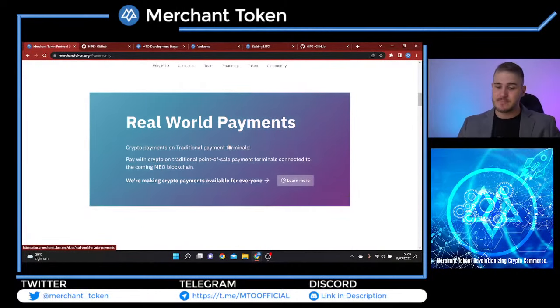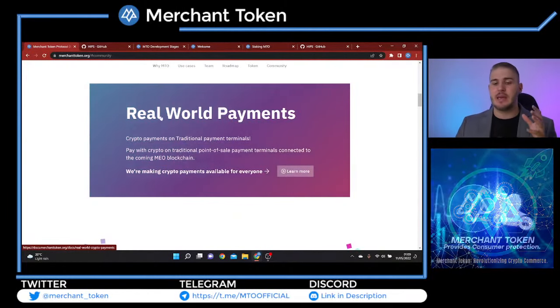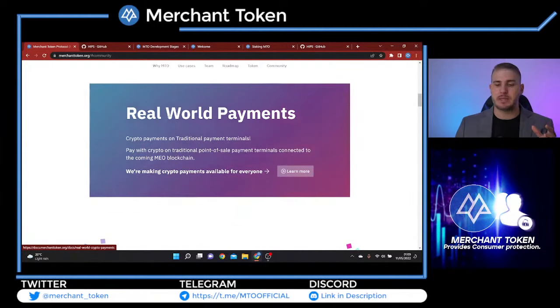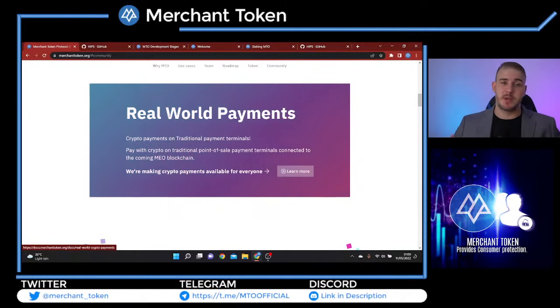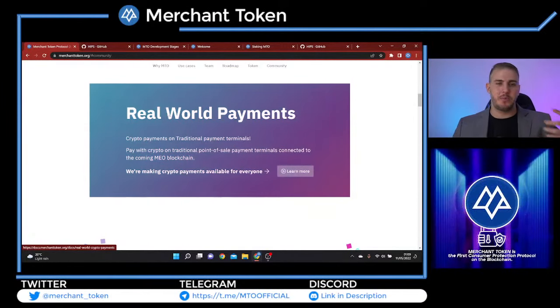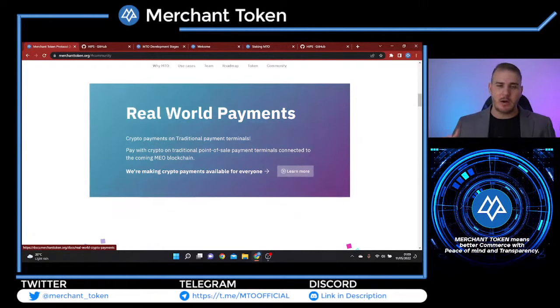Another really important thing is real world payments, because we do understand that right now there are a lot of other projects out there that are trying to bring crypto payments to mass adoption. However, the majority of them are looking to go the extra mile, to step up on that game and bring, I don't know, payments using wallets, and you have to download nodes to be able to hold their tokens and these kinds of things, which makes the whole payment system extremely complicated.